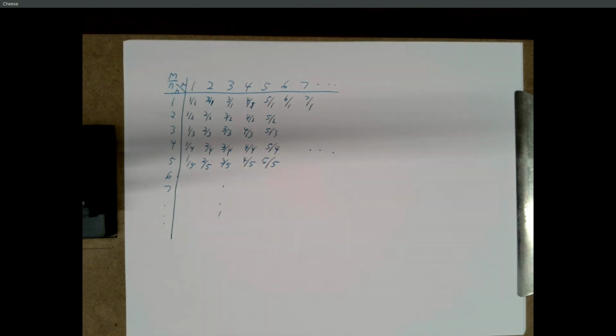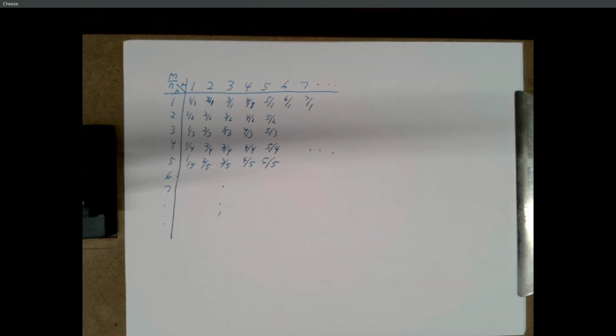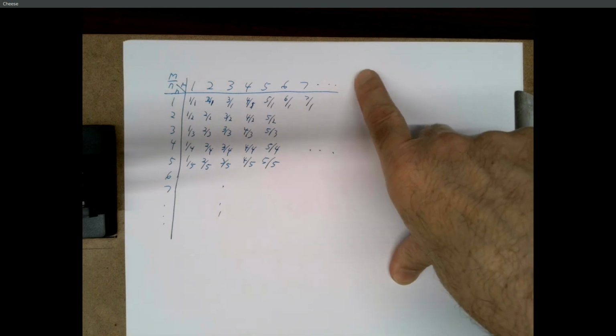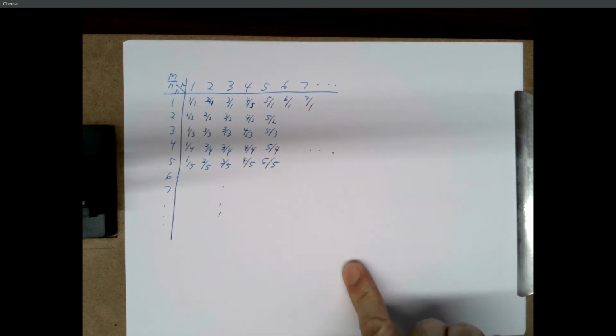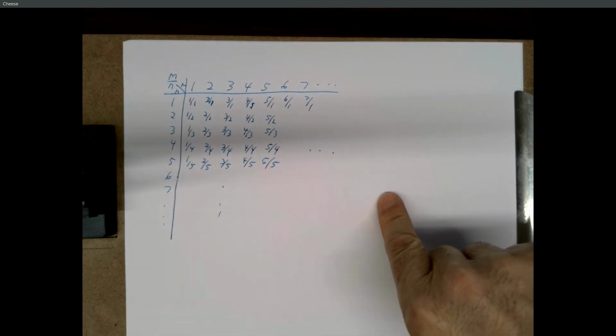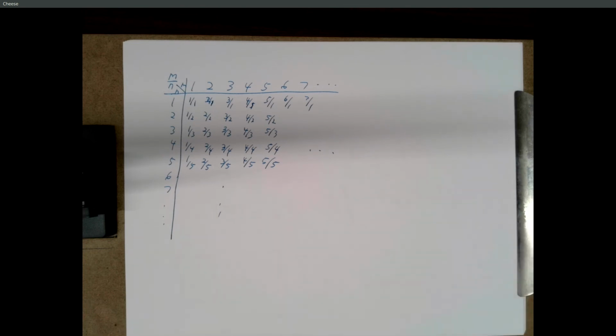Okay, so first question, any rational number bigger than 0, is it going to appear somewhere in this table? It's got to, because a rational number by definition is a ratio of 2 integers. And if it's positive, both of those are positive. And if I just move across m spots and move down n spots, that's where the number m over n will be. So any rational number is going to appear in this table eventually.